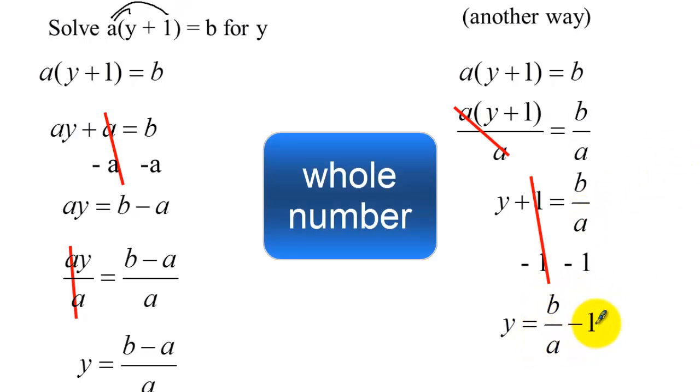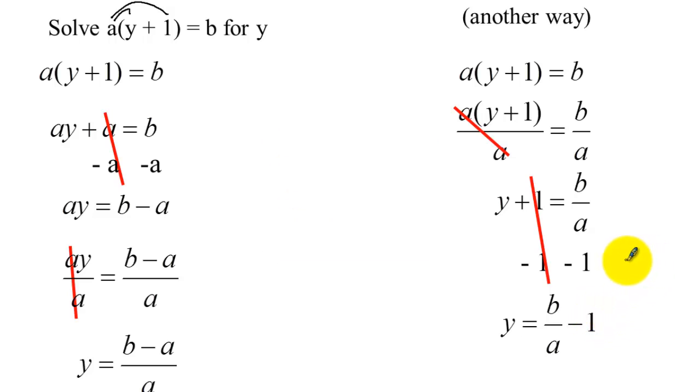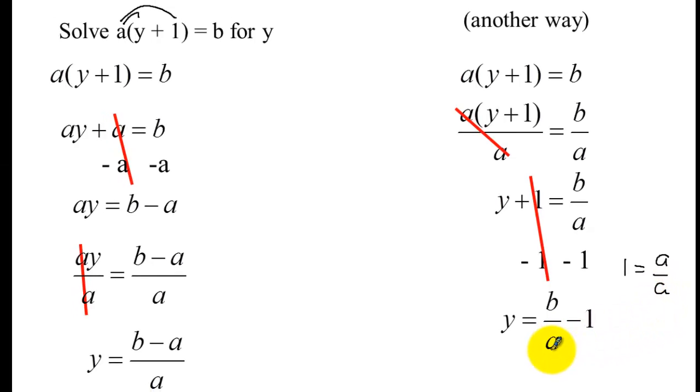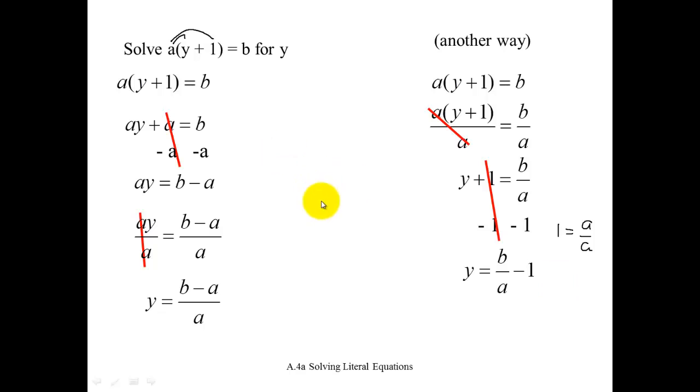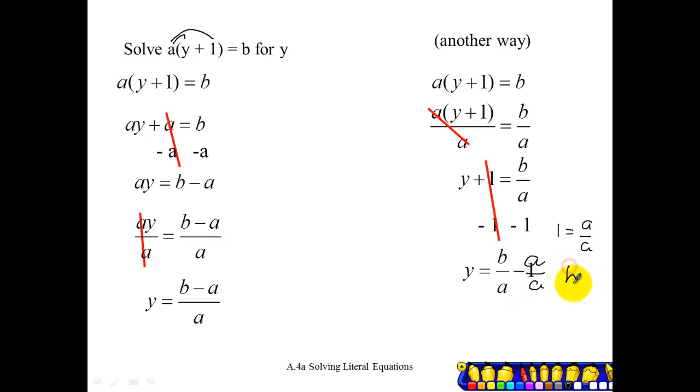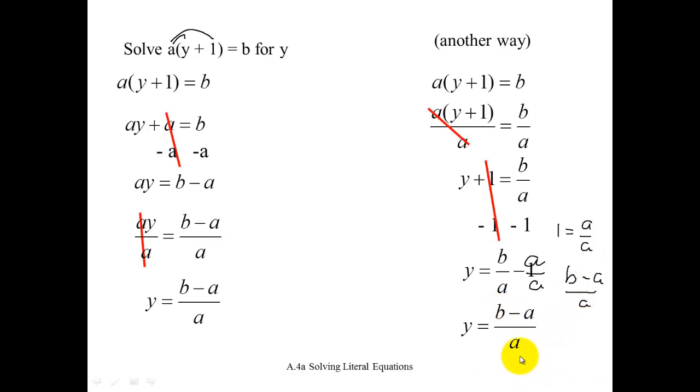So if I'm going to rewrite 1 as a over a, so that we'll have the same denominator as b over a, we will have b over a minus a over a. Now, since you have the same denominator, you will have b minus a over a. So we end up getting b minus a over a, which is the same answer that we got earlier.